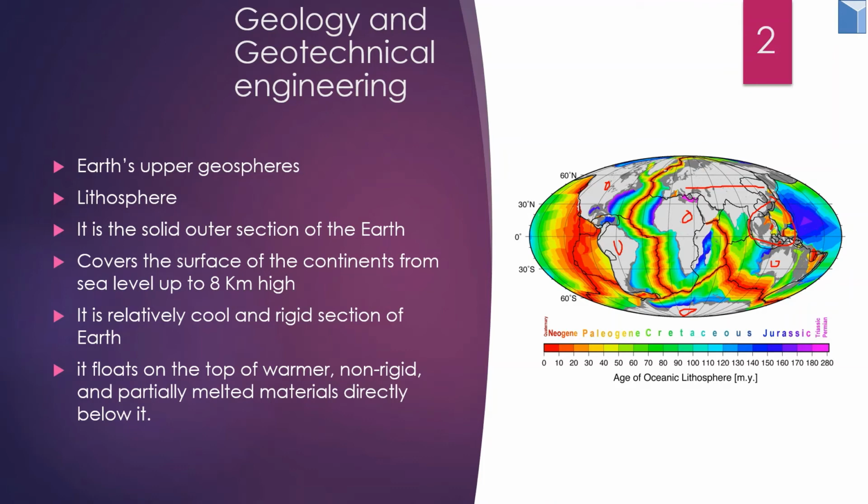The first zone, as we discussed in the first presentation about Earth processes, is the separating area, which usually appears in the oceanic part of the crust, and represents the places where continents move apart from each other.